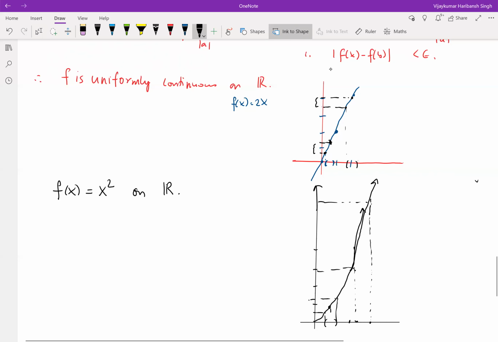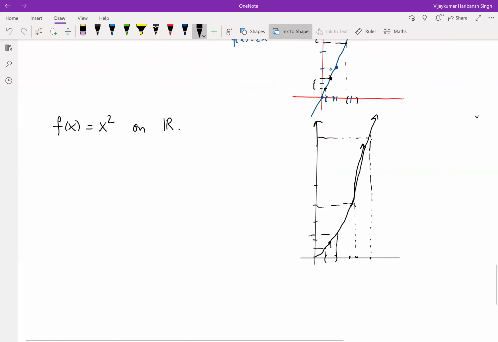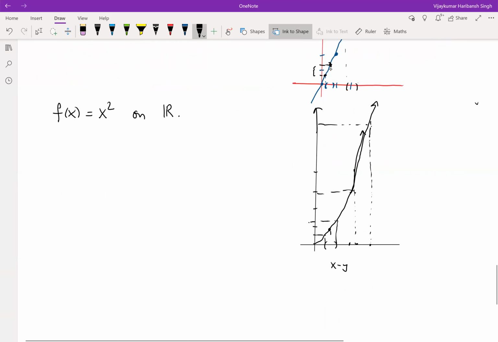And the further you go, the width becomes larger and larger. So this is no longer true. So what is the meaning of this? Here you may have x minus y less than delta. Here also you have x minus y less than delta, but the moment I move it further and further away, the distance between them is going to increase, right? So it is not uniformly continuous.